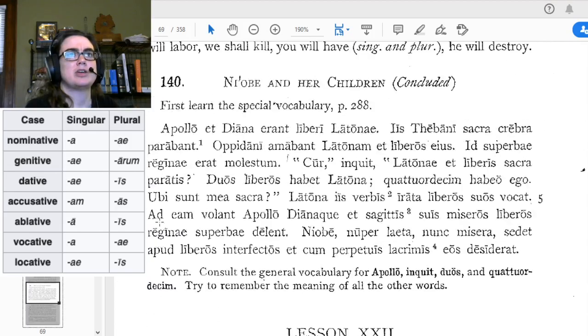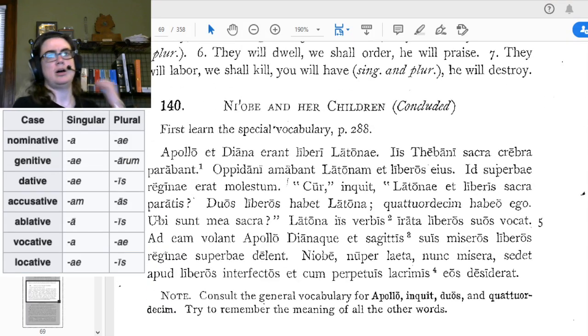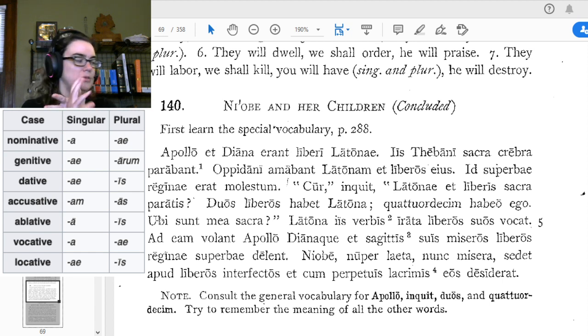Oh, and there was another point I wanted to make. At first, when we read the story about Niobe, we started off in the imperfect: erant, amabant, erat. But then we switched to the present in line 5: vocat, volant, delent, serit, and desiderat. We just switched to present.